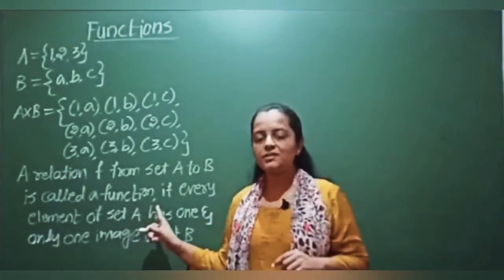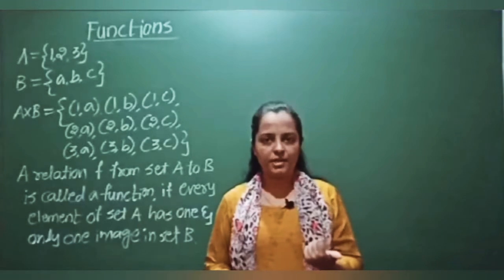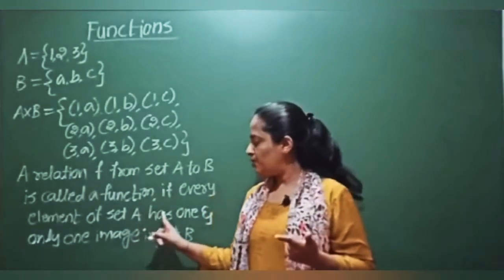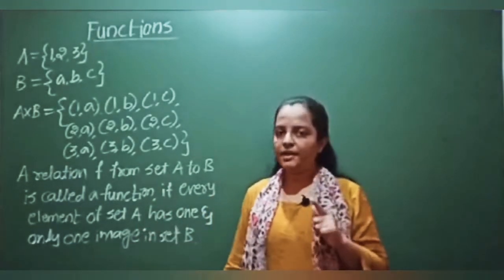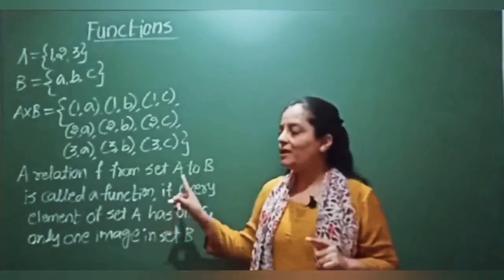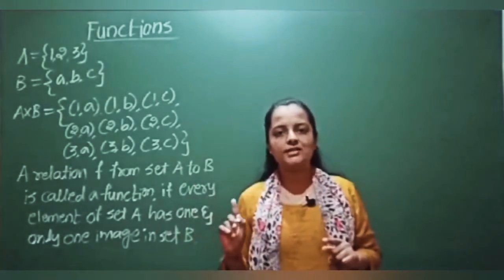The first condition is every element should have an image, and the second condition is they should have only one image in set B. That type of relation we are going to call a function.